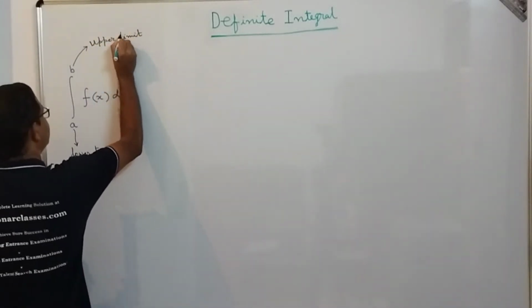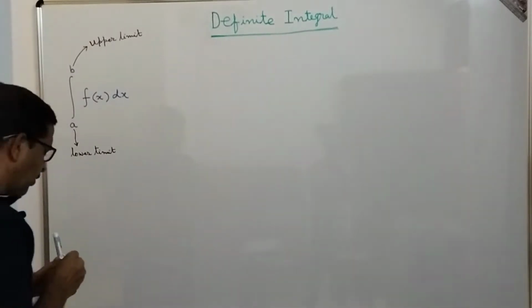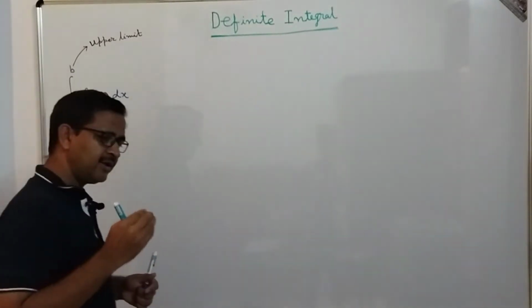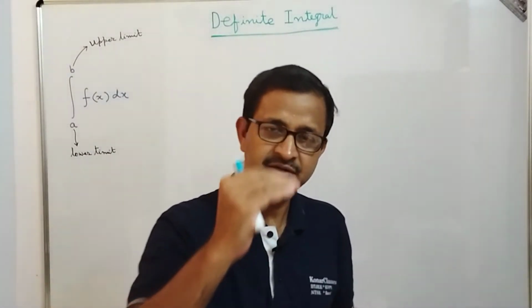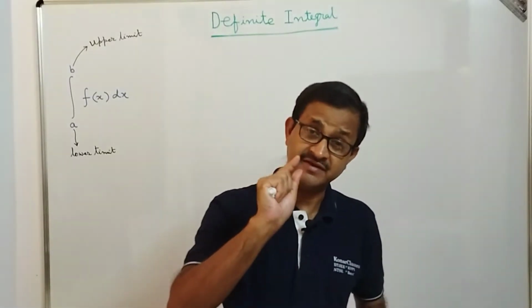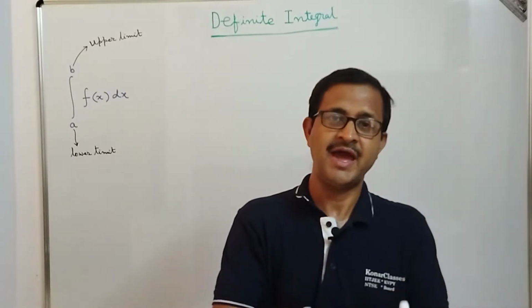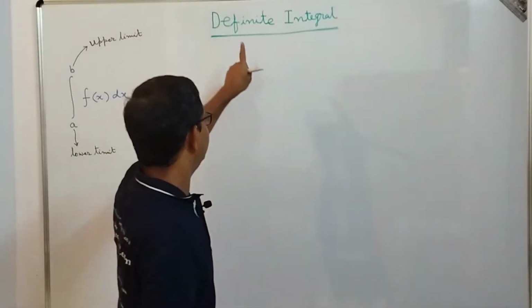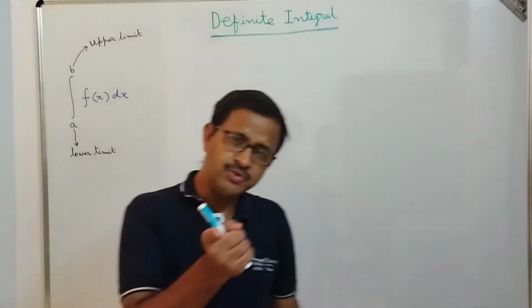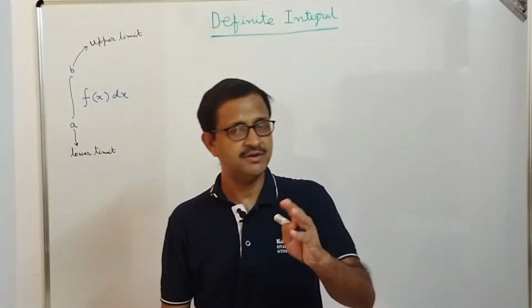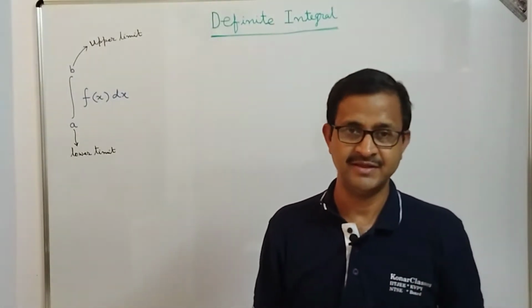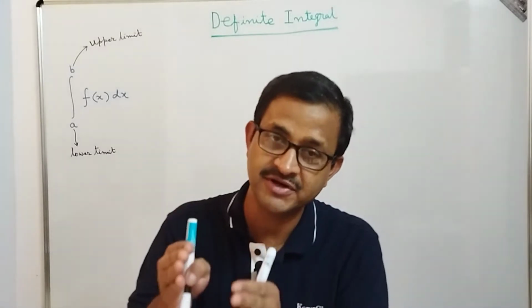Okay dear students, so what does it signify? By the way, the integration from a to b of f(x) dx has a definite value, meaning it has a fixed value, and that is why it is known as the definite integral. When we earlier discussed indefinite integral, there was an integrating constant called c.